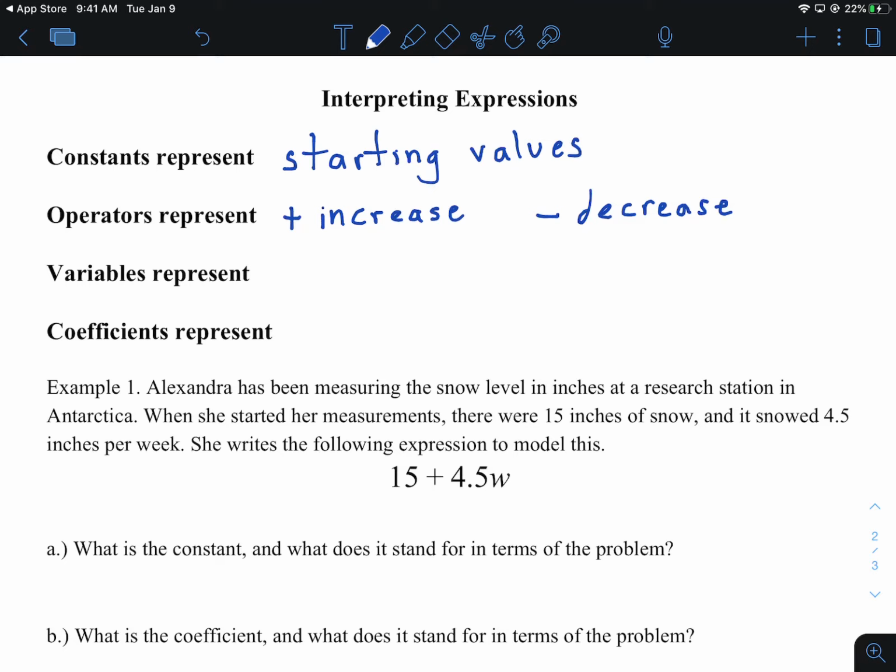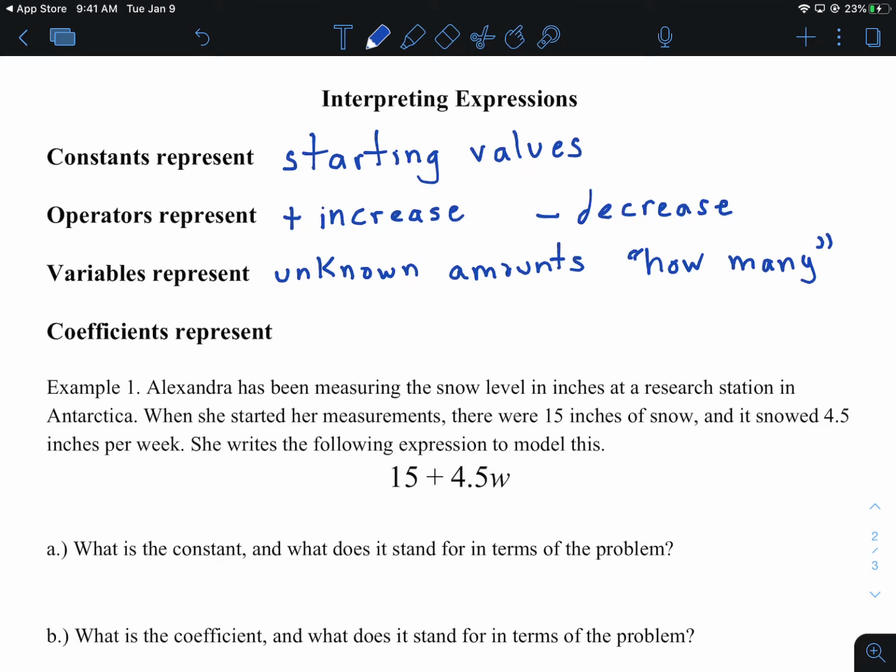So variables represent the quantity that changes, and they represent amounts. To be specific, they represent unknown amounts. They tell us how many of something there are.